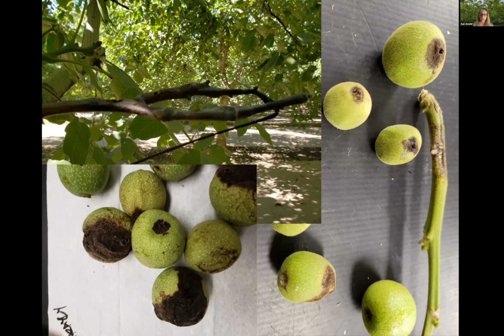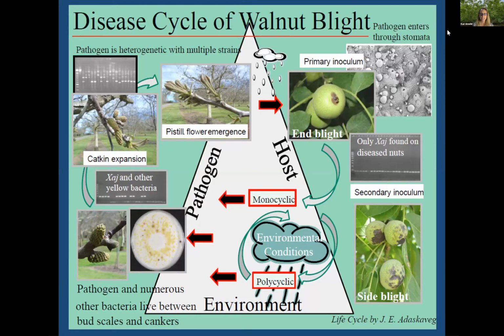This is usually what I end up getting and sending off to the lab, unfortunately. It's a beautiful disease cycle for walnut blight here. Basically, you need to have water in order to have a problem. So early rains, early blooming varieties usually get stricken by walnut blight.